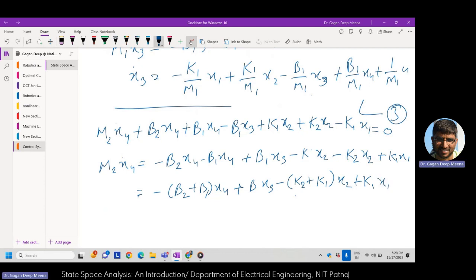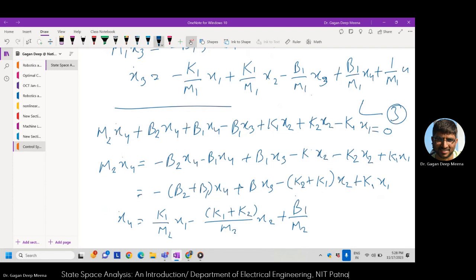Finally, writing it as x4 dot, which equals k1 divided by m2 x1, minus k1 plus k2 divided by m2 x2, plus b1 by m2 x3, minus b1 plus b2 divided by m2 x4, and that goes as my equation number 4 for this example 2.